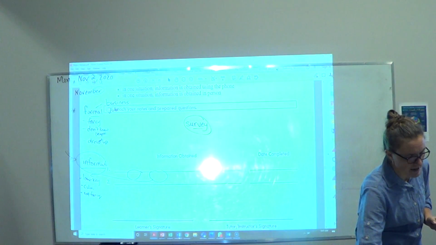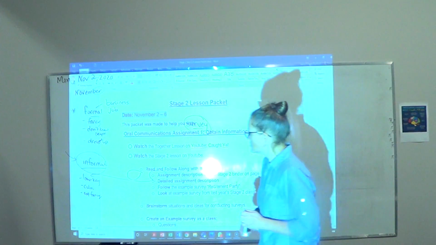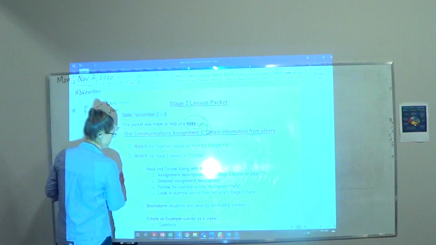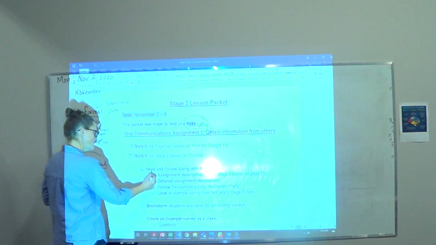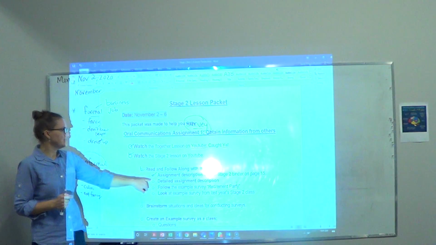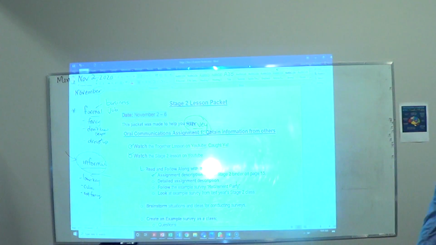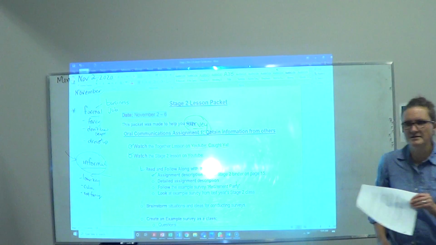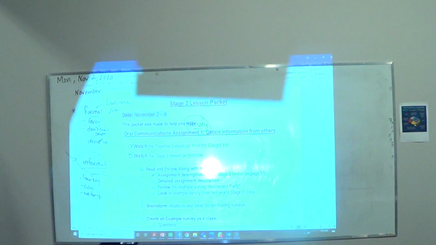All right, so let's go back to our checklist and see what we're going to do next. So we've done that. We've read the assignment description in our stage 2 binder, and now we're going to read the detailed assignment description. So that should be the next page in your packet. And it looks like this. Everybody has it? Yeah.